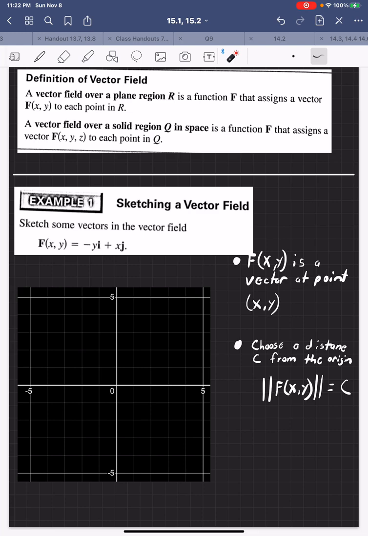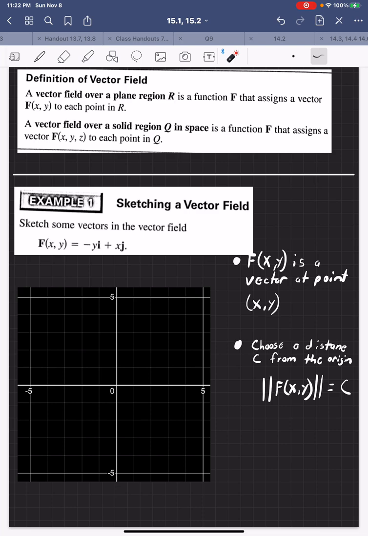Now, this is one of the very few times in my calculus courses where I will ask you to sketch these vector fields by hand. So let's start with the following. The following vector field is defined as negative y in the i direction and plus x in the j direction.